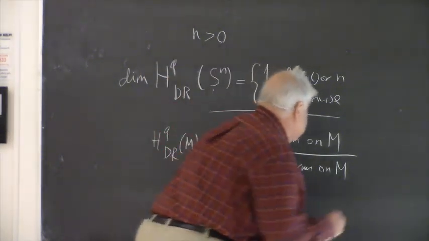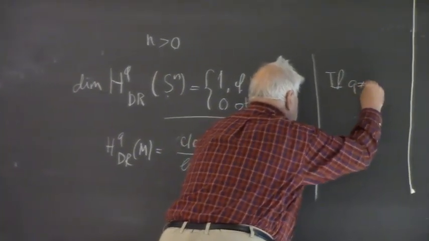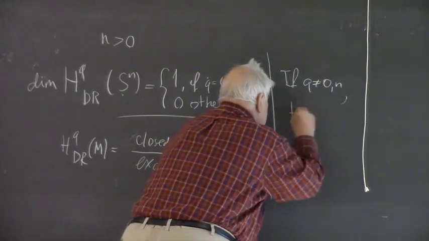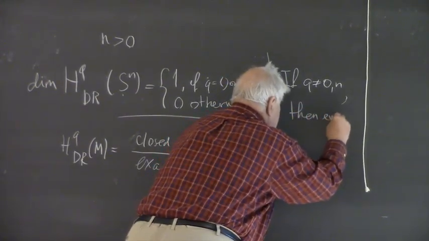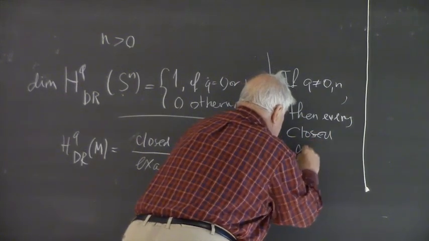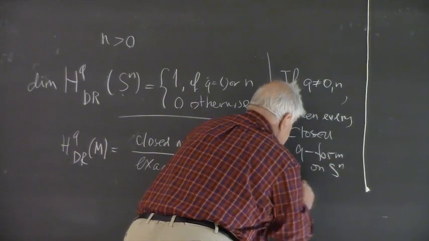So this statement means that if q is not 0 or n, then every closed q form on Sn is exact.